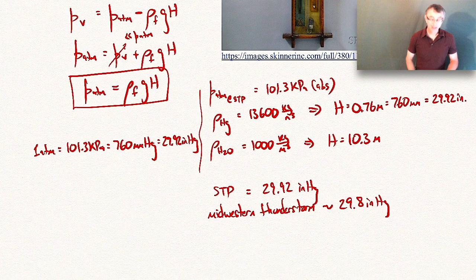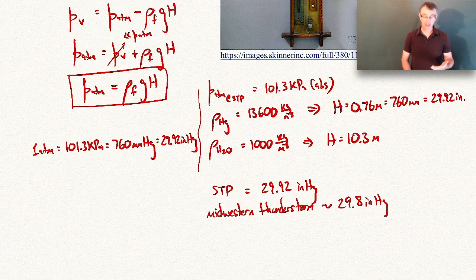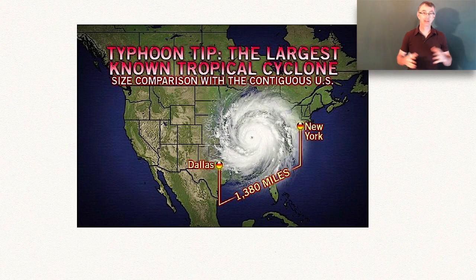Now, the Typhoon Tip that I showed at the very beginning of the lecture, so back up here, Typhoon Tip, this huge storm hit the Philippines in 1979, caused a lot of damage, some deaths. This had the lowest atmospheric pressure on record.